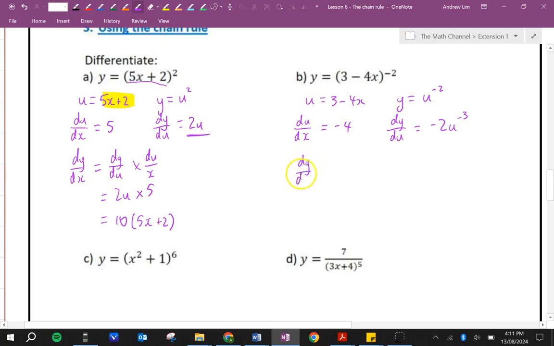So dy/dx, we're just going to multiply dy/du and du/dx. So that's just minus 2u to the negative 3 times negative 4. Well, negative 2 times negative 4 is positive 8. I'm going to put this in the denominator. But instead of writing u cubed, I'm going to write 3 minus 4x in brackets cubed.